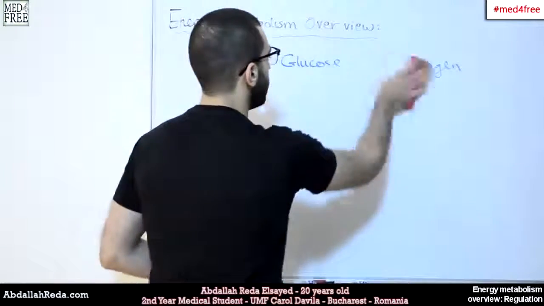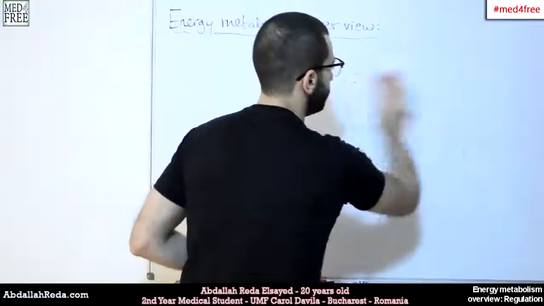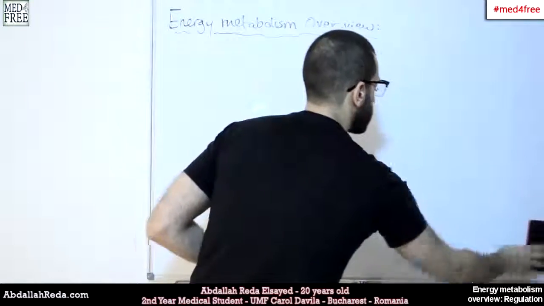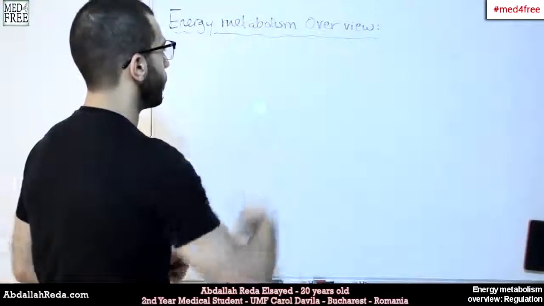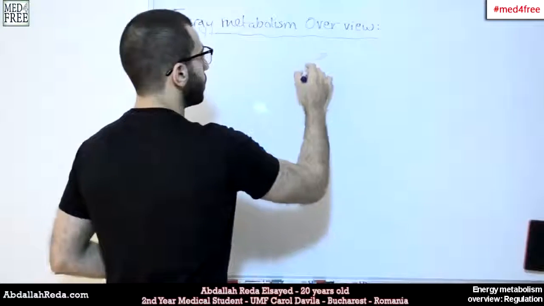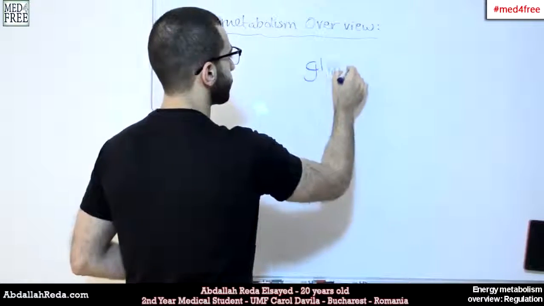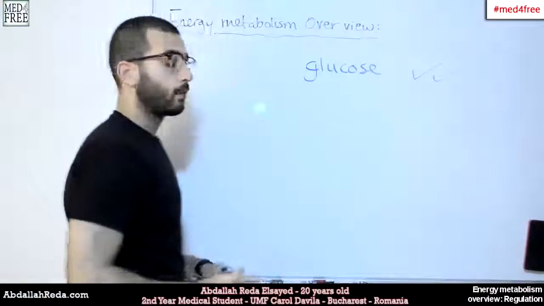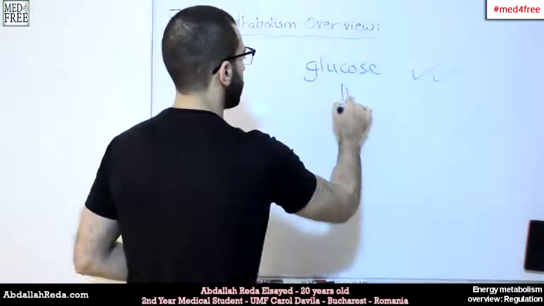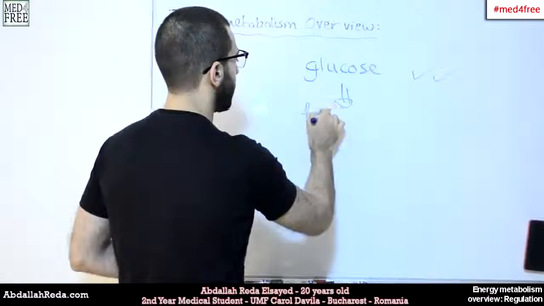But the thing is, we have some kind of an order for the body to use these inputs. So glucose is the first one to be used in this metabolism, followed by the fatty acids.